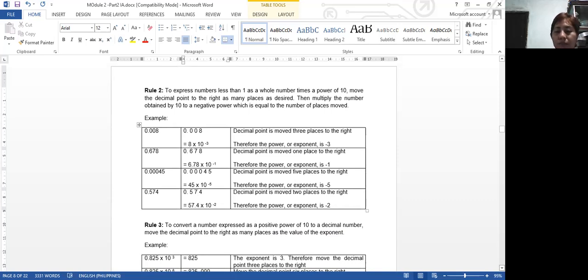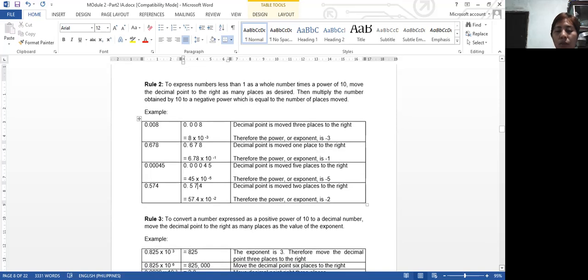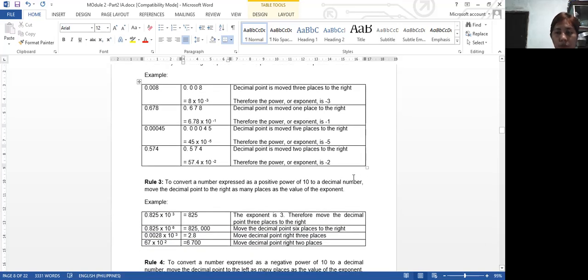Okay, so rule 3: to convert a number expressed as a positive power of 10 to a decimal number, move the decimal point to the right as many places as the value of the exponent.